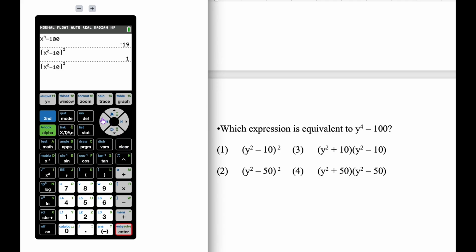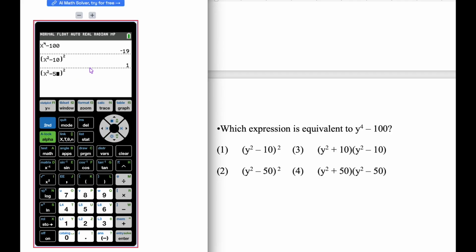Your calculator has a copy-paste function, just like a computer. And now I can just go back to where the 10 is and replace that 10 with a 50 by turning the 1 into a 5. Boom. And I've rewritten the whole thing by rewriting just a single number. That's also not negative 19, clearly. So we go to the number 3.